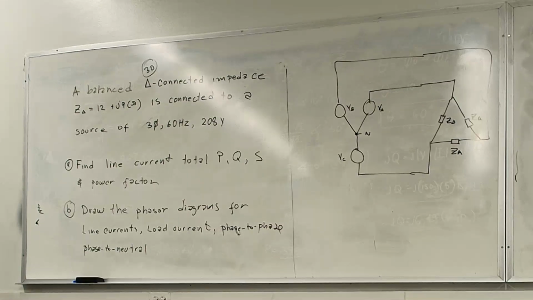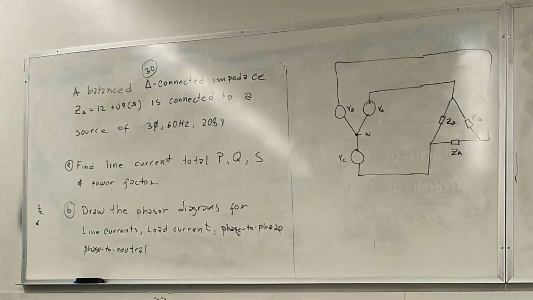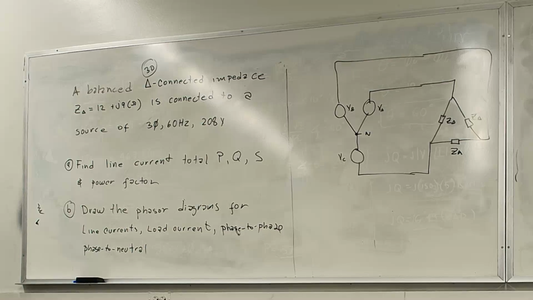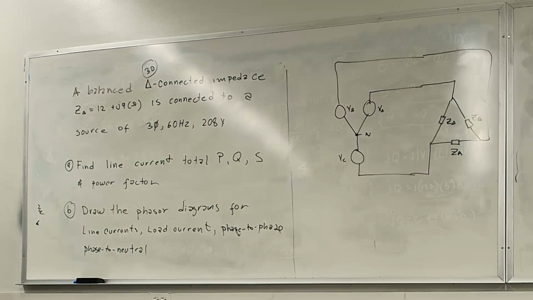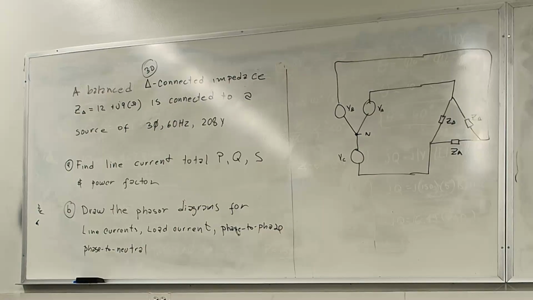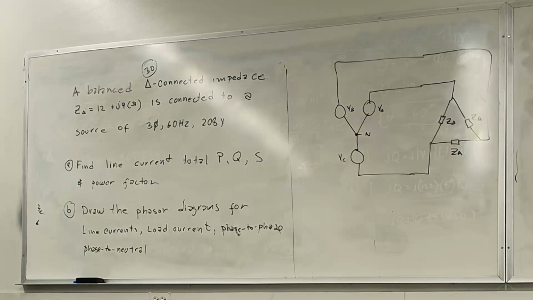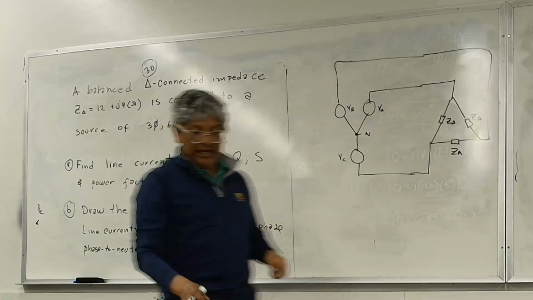Line-to-line. The problem doesn't tell you, but we know it's line-to-line because it's a three-phase source. And not only is it line-to-line, they're telling me to make voltage AB the reference.